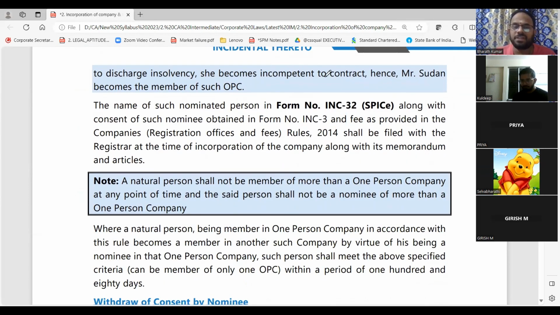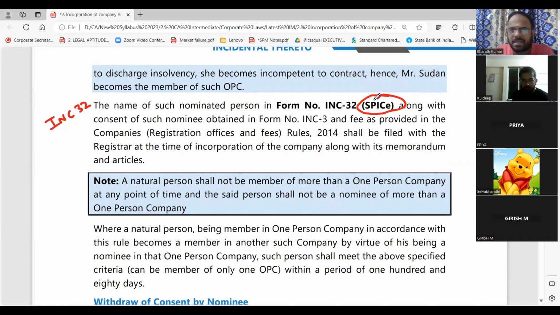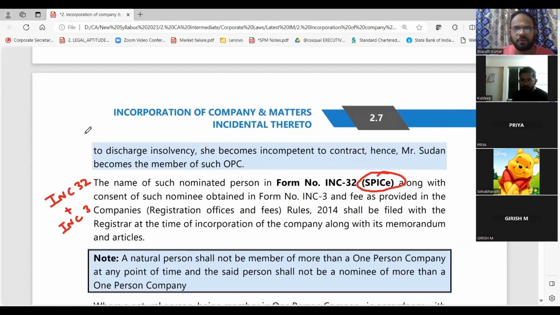Now, the name of such nominated person, along with the consent obtained and the fees, you should file in the form for incorporation, INC 32. That's called SPICE. Can you see this word? INC 32 plus INC 3. What is SPICE? SPICE means Simplified Proforma for Incorporating Companies Electronically.